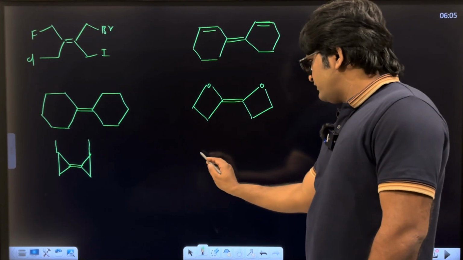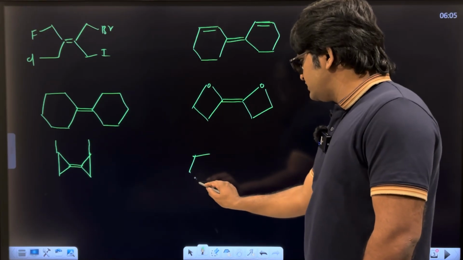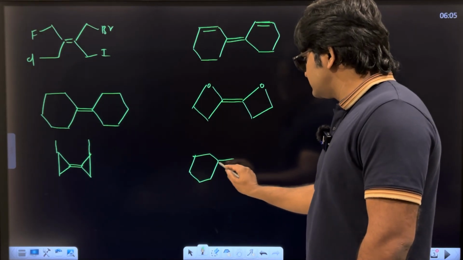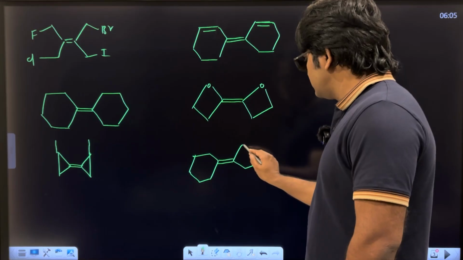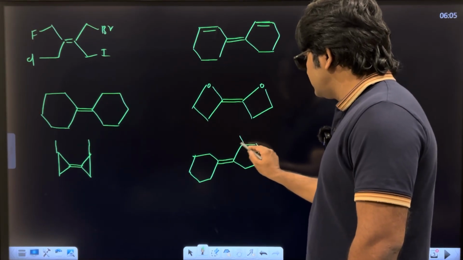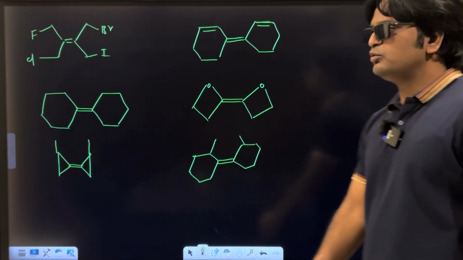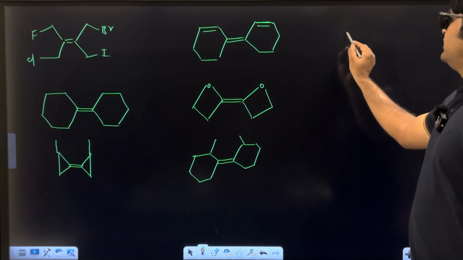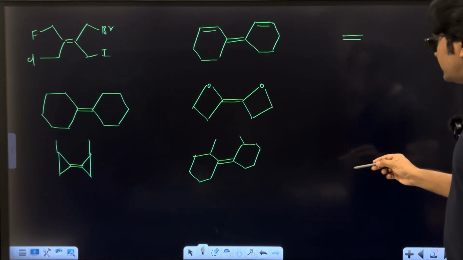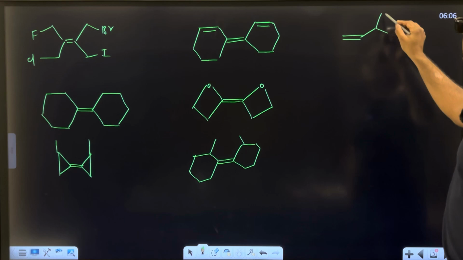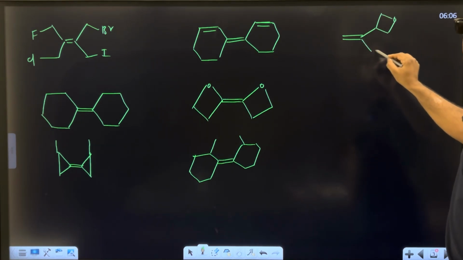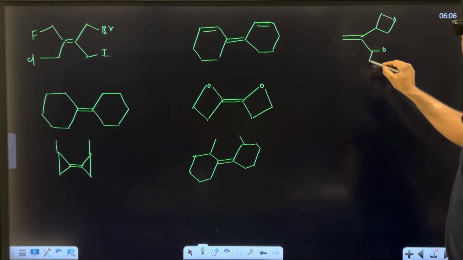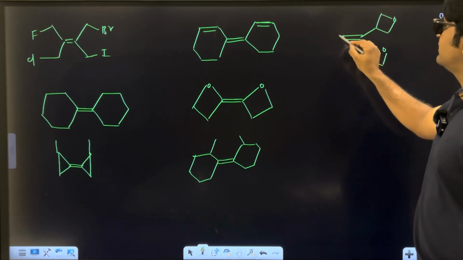Next one, for example, this is the given molecule. On the left side they are giving a 6-member ring system, on the right side the same thing, a 6-member ring system, but here methyl as well as methyl group is given. For example, here a double bonded system is given, and on the right side they are giving a molecule like this 4-member ring system. Next one here also a 4-member ring system with a heteroatom.